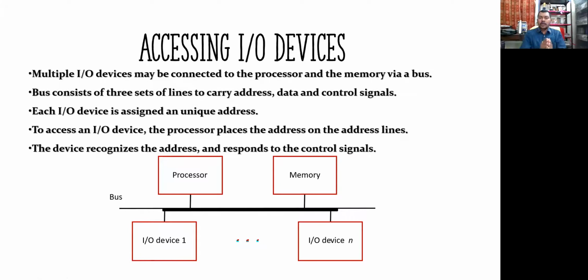And if you recall what we studied in, say, the architecture of microprocessor 8085, you'll come to know that we have two kinds of lines. One is the address line and the other one is the data line. The lower address lines are multiplexed, right? So the same address lines can be used for data, right?